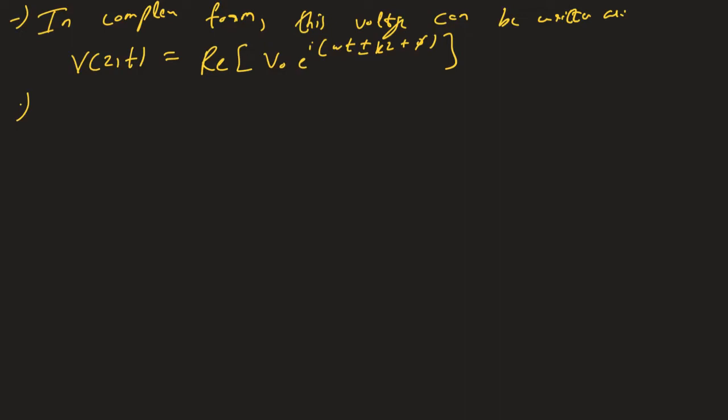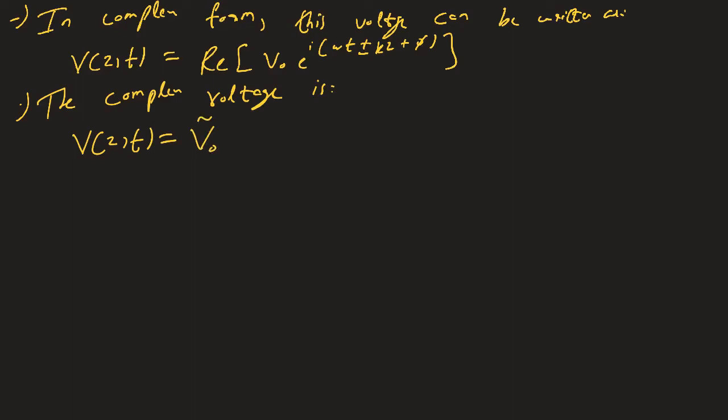So the complex voltage V of z,t becomes equal to V naught tilde, where V naught tilde is mod V naught e to the i phi, times e to the i omega t, not plus or minus omega t. Instead, now we have e to the i plus or minus kz.